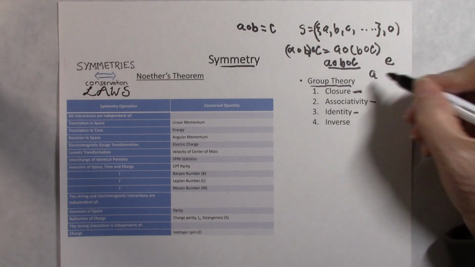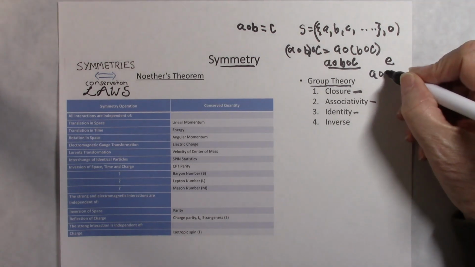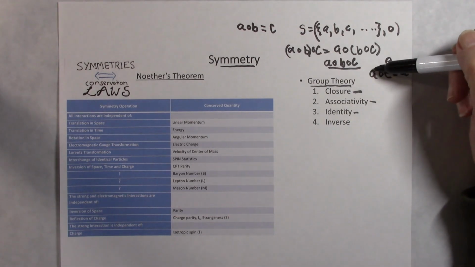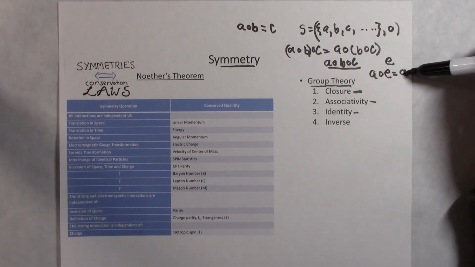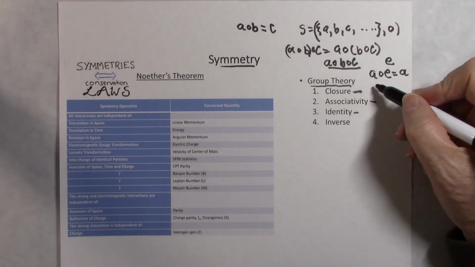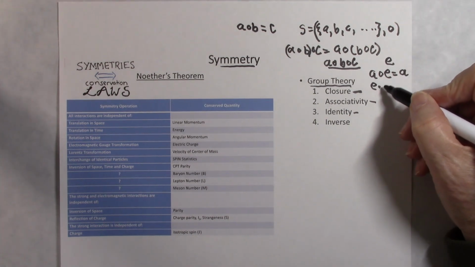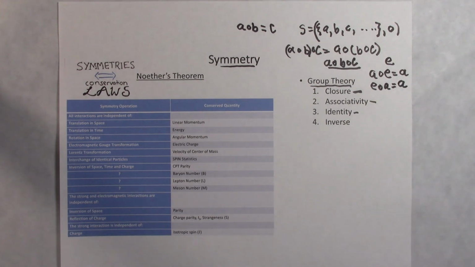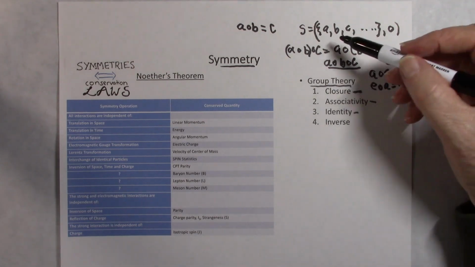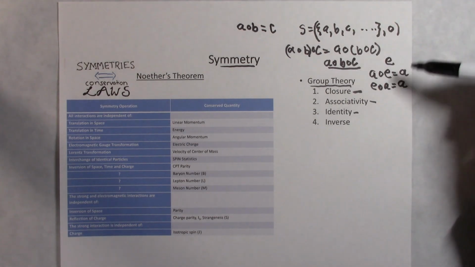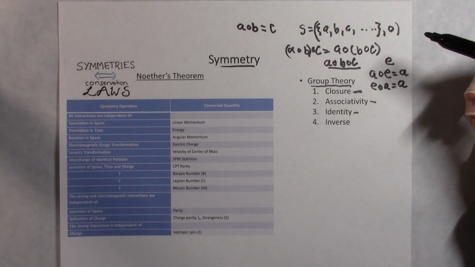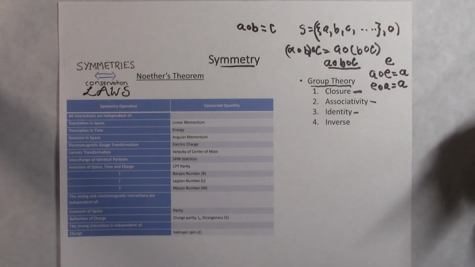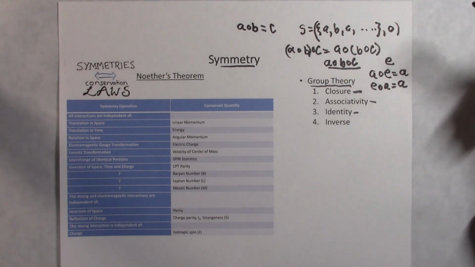Then if we correspond A with E, that's going to give us back A. Or any other element, if this was a B and corresponded with E, it would give us back B. It also commutes, which if we did this, corresponded E to A, we would get A back. Or any other element. So the set must have an identity element. And correspondence rules can be mathematical operations like addition and multiplication, but they don't have to be. They can be something else, and we'll look at an example.